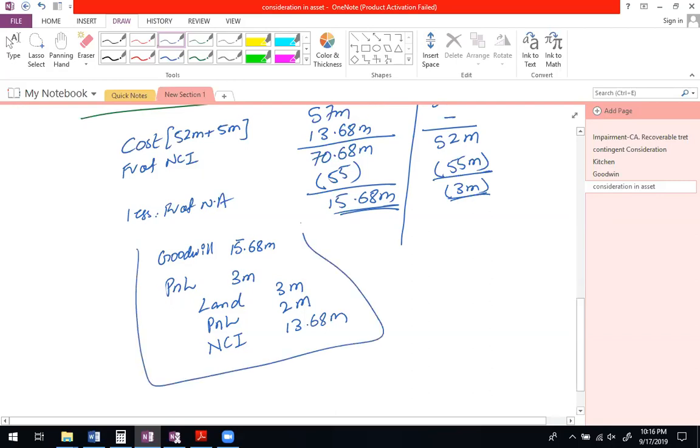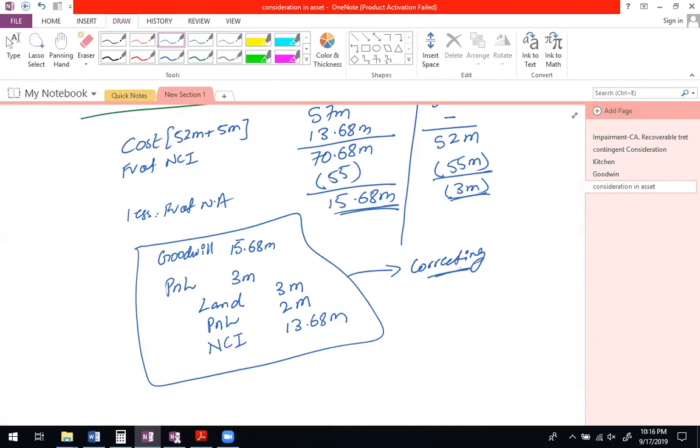You can check that the debit and the credit should actually match. So this is the correcting entry that should be made in the financial statements to ensure the correct accounting treatment. Is it clear to everyone?